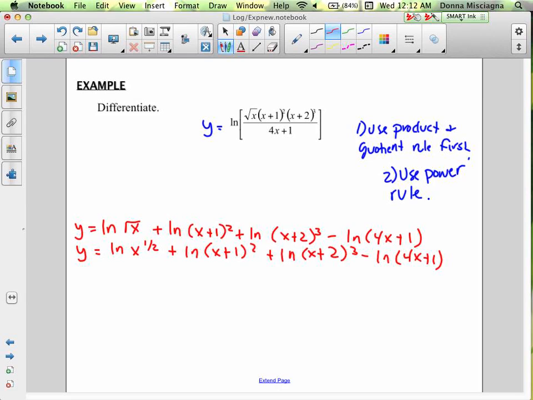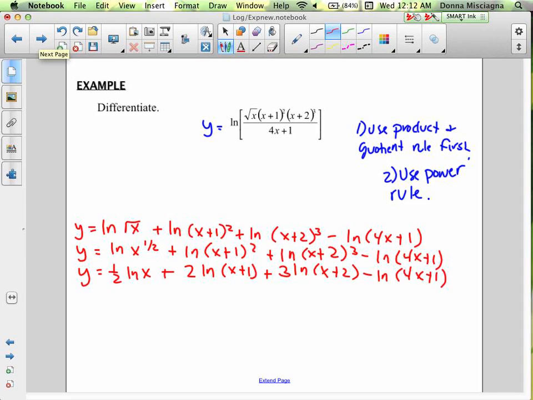So now we can use the power rule because we've got that radical rewritten as an exponent. So y equals 1/2 natural log of x plus 2 natural log of x plus 1 plus 3 natural log of x plus 2 minus natural log of 4x plus 1. Now we can take all of our derivatives.